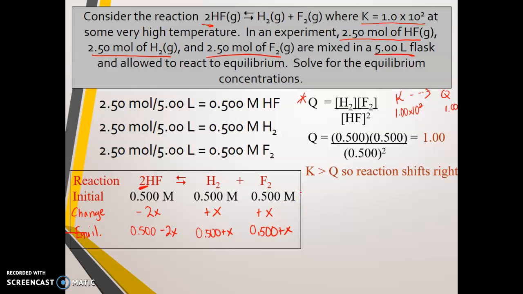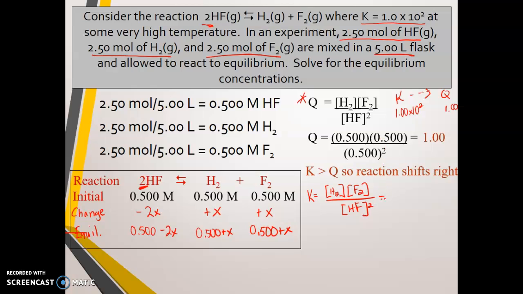Now we need to solve for the equilibrium concentrations. So I'm going to write the K expression for this problem. K is equal to the concentration of hydrogen times the concentration of fluorine divided by the concentration of HF squared.